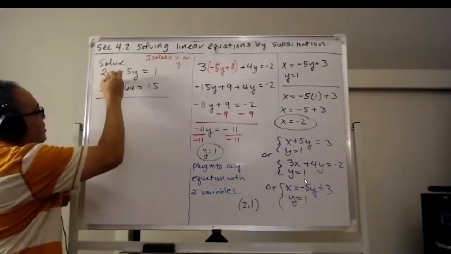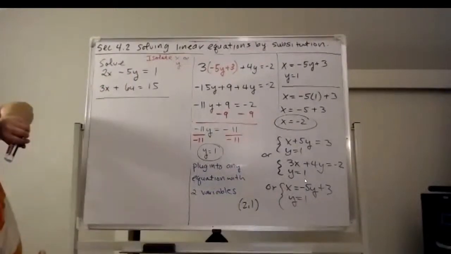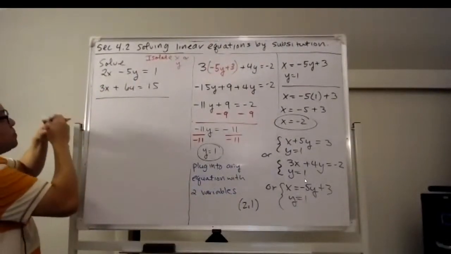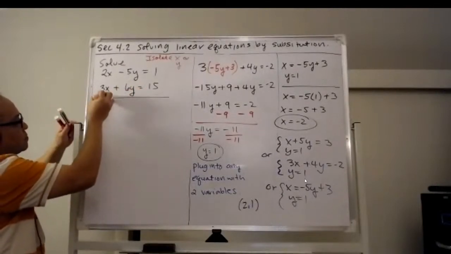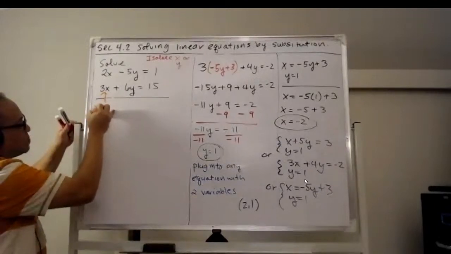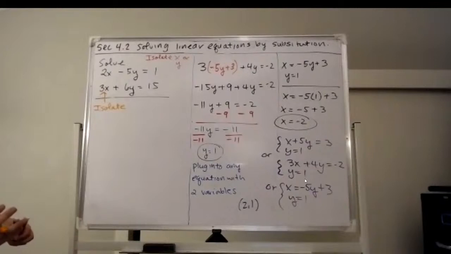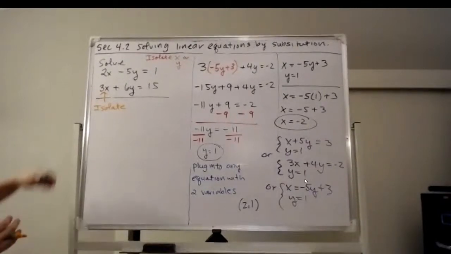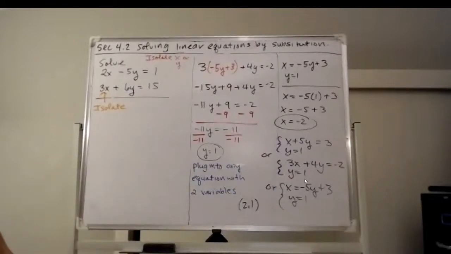So go ahead and isolate. Okay, so that's how we figure out which one to isolate. Divide everything by the coefficient, and if nothing turns into a fraction, that's probably a good one to do.